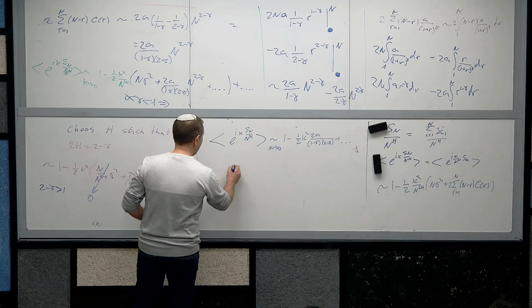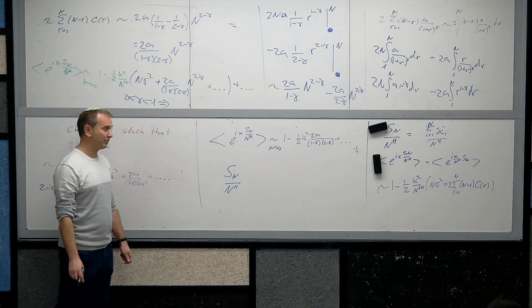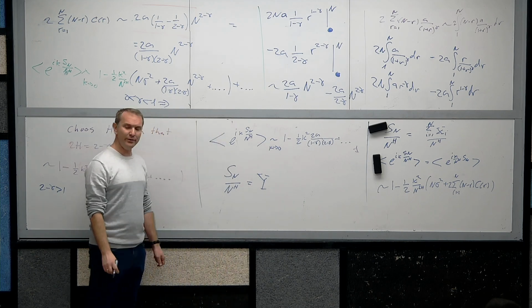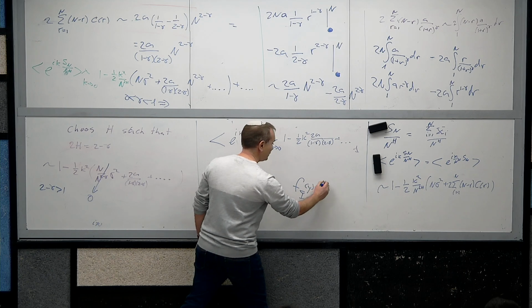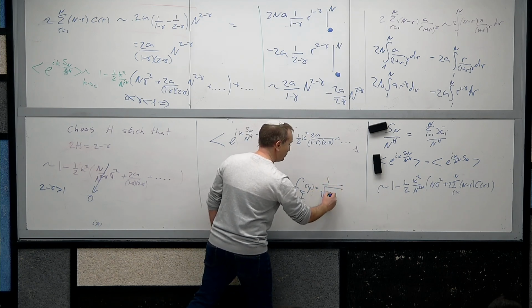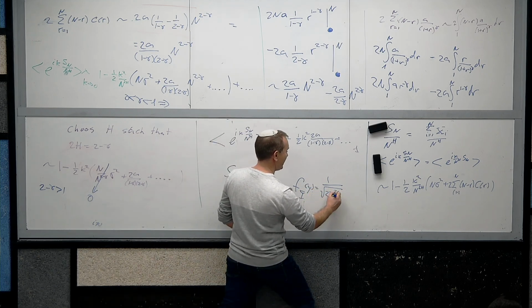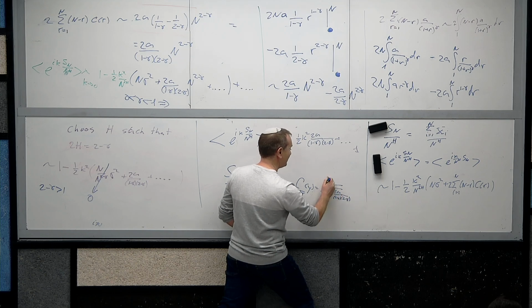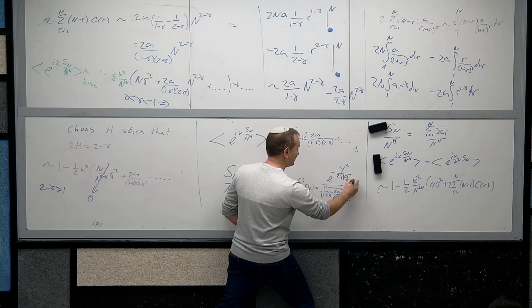I know that S_n divided by n to the power of h, let's call it y, has a probability density function equal to 1 over the square root of 2 pi times 2a over (1 minus gamma)(2 minus gamma), times e to the power minus y squared divided by 2 times 2a over (1 minus gamma)(2 minus gamma).